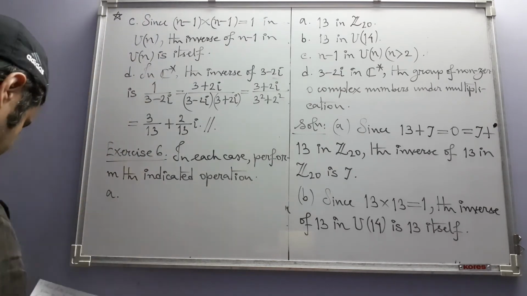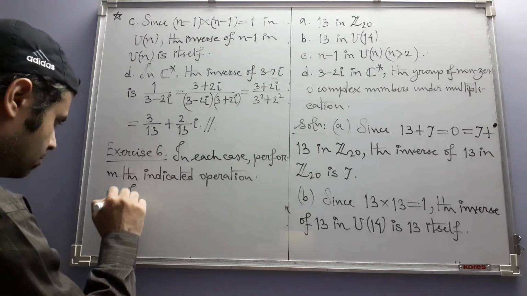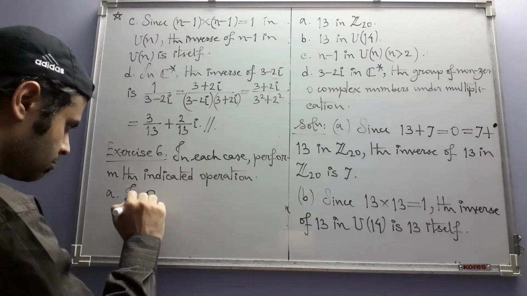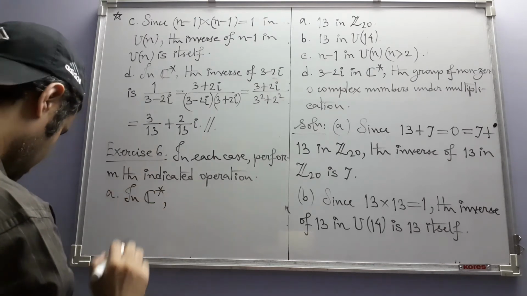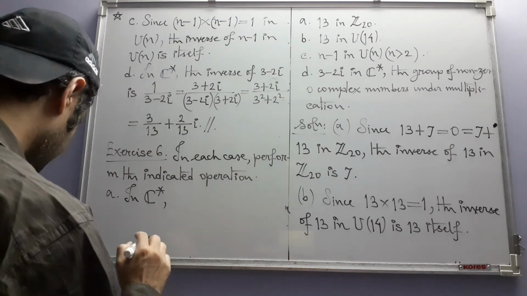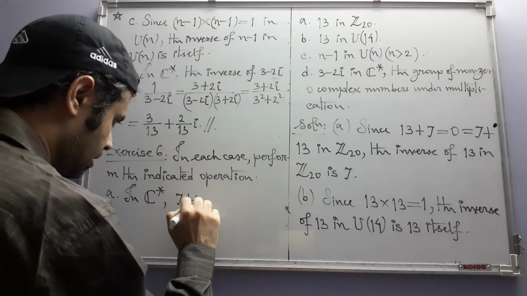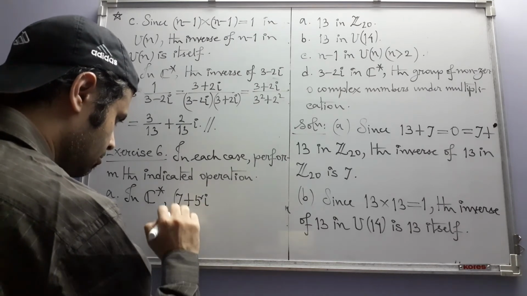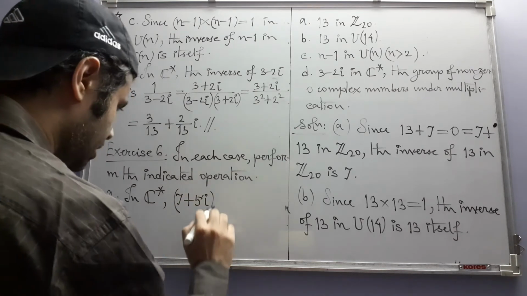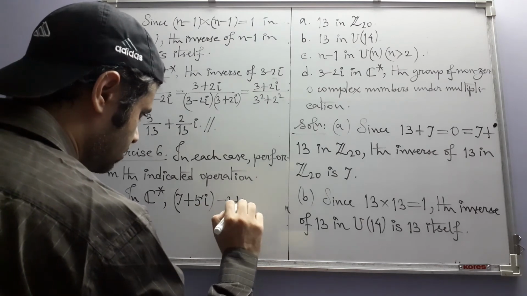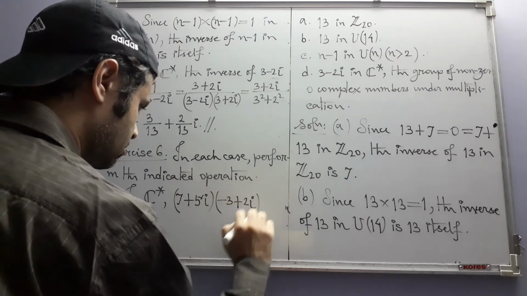Part A, in C star, calculate this product: 7 plus 5i times minus 3 plus 2i. Okay.